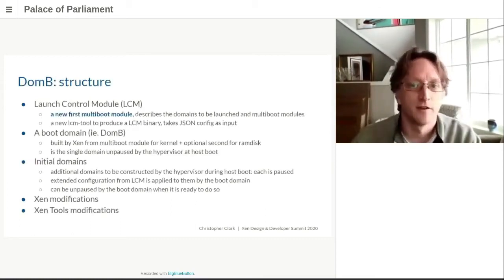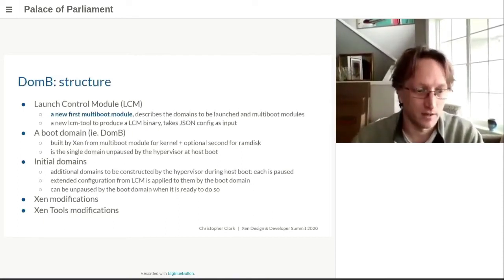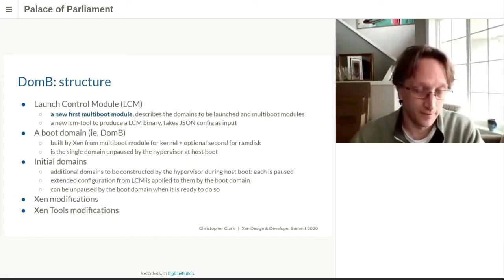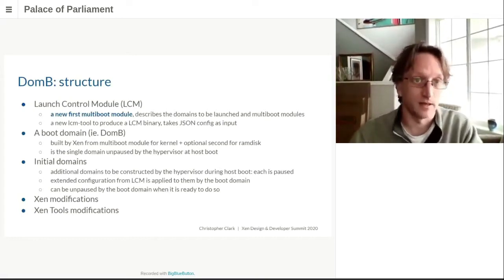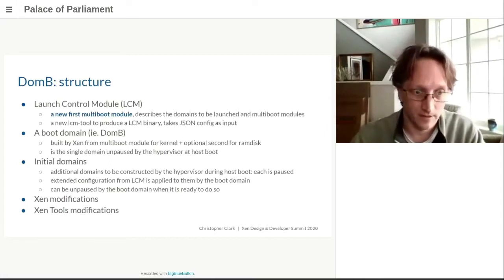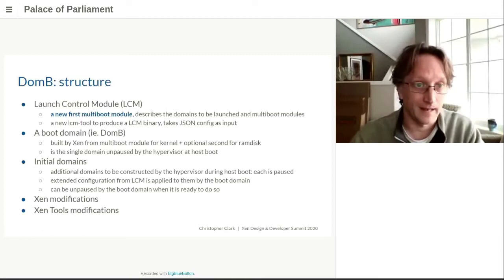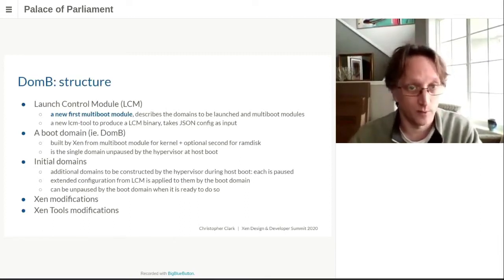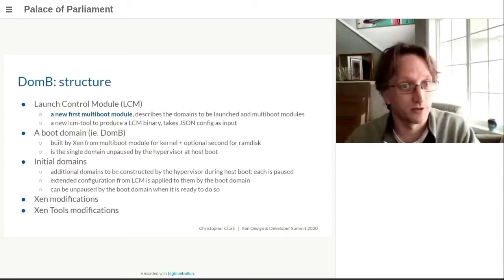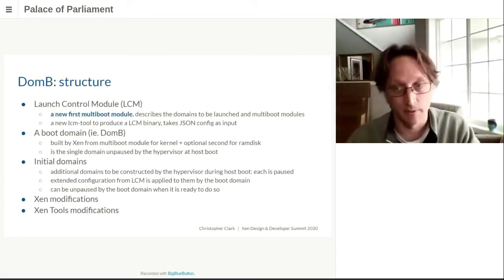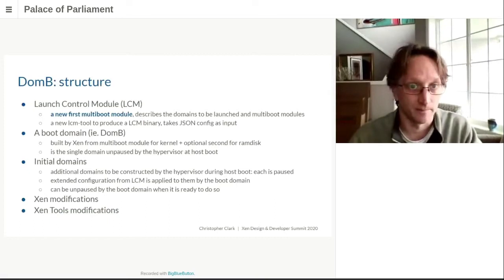The structure of booting when you are operating in the DomB mode is the first multiboot module that the hypervisor receives. Traditionally, that would be the Dom0 kernel, and the DomB proposal replaces this with what we call a launch control module, and this is metadata about the domains that are to be launched and the other multiboot modules that are provided by the bootloader.